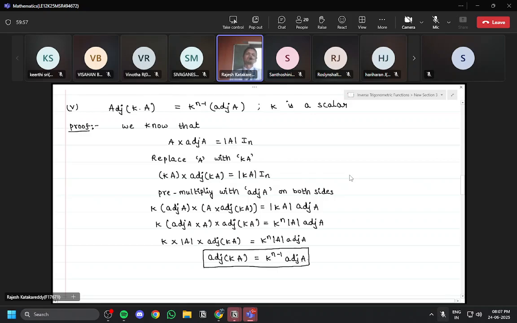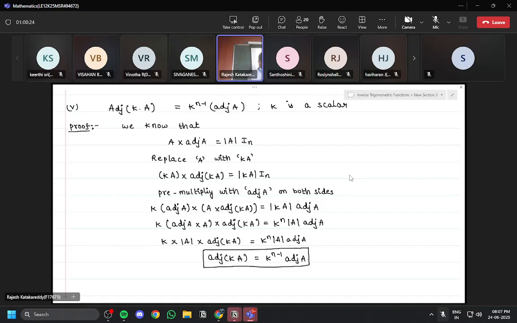Any doubts? See, for this one, left hand side, left multiply also we can write. Pre, in the beginning; post means at the ending. We are multiplying with adjoint of A, right? So on both sides here, identity into adjoint A, you will have adjoint A. This one is clear. Next, what I am doing: this is X into YZ.